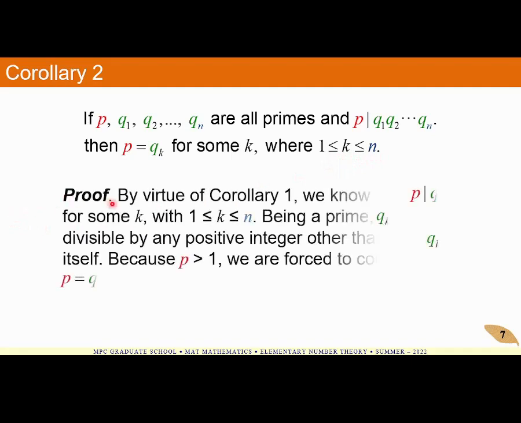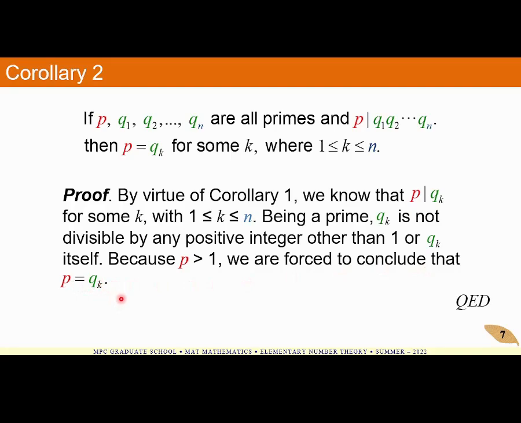Our proof is, by virtue of Corollary 1, we know that p divides q sub k for some such k. Being a prime, q sub k is not divisible by any positive integer other than 1 or q sub k itself. Because p is greater than 1, we are forced to conclude that p is equal to q sub k.